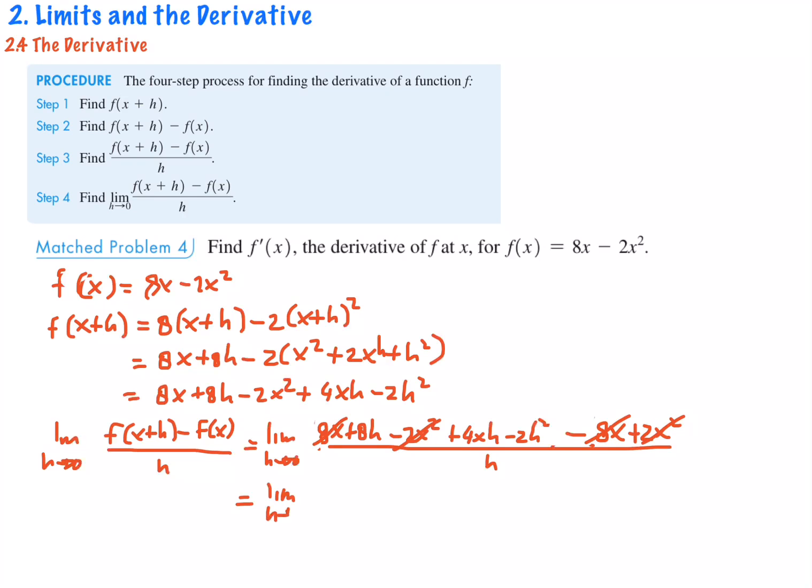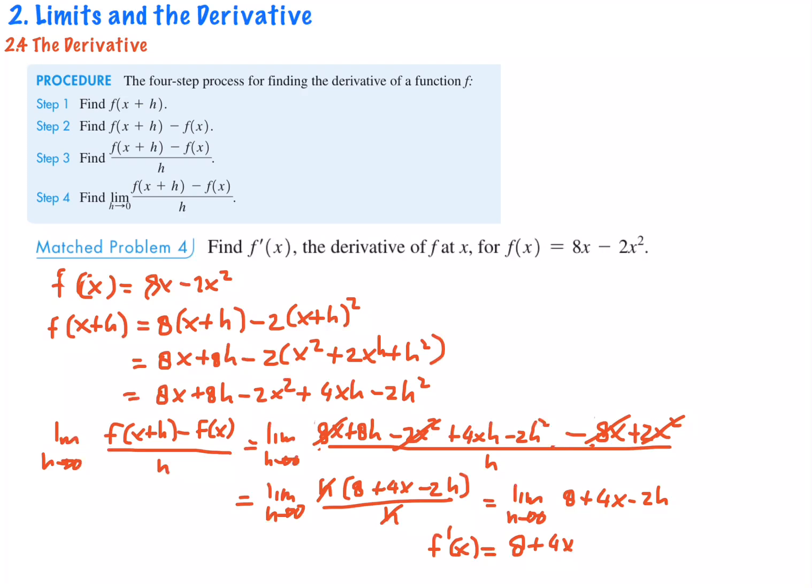So it left us with the limit of h approaching 0, and then we have h as the common term times 8 minus 4x minus 2h divided by h. So in the limit we can just simplify it, and then we'll get the limit of h approaching 0 for 8 minus 4x minus 2h. So the answer will be 8 minus 4x, and this is the f prime of x, which is the derivative of f at x.